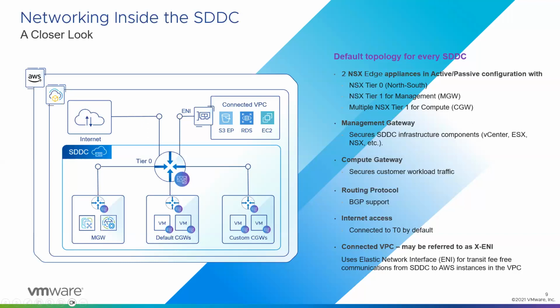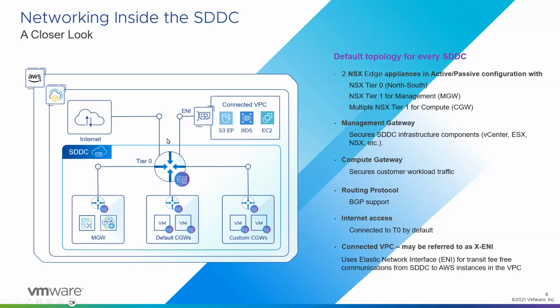It could be your default compute gateway, or custom Tier 1s. What does it mean? Those Tier 1s run on the ESXi host and tend to handle traffic locally within the ESXi host. But what happens if my VM residing on the default T1 or custom CGW would like to access a destination on premises, on the internet, or reach out to a workload deployed in the connected VPC?